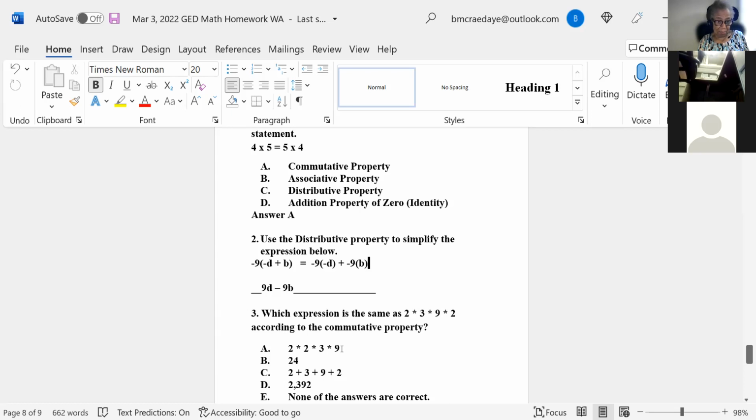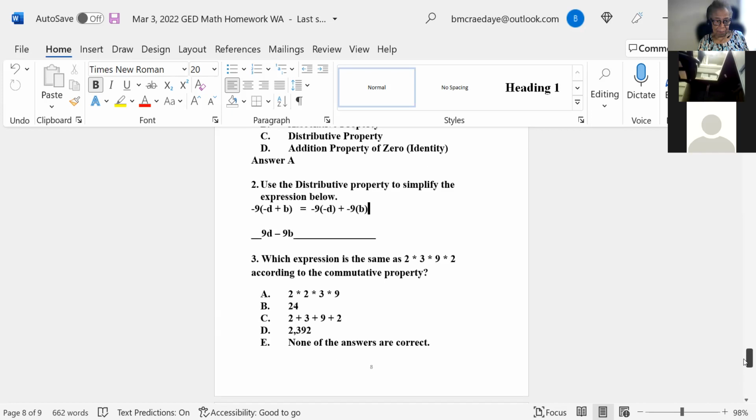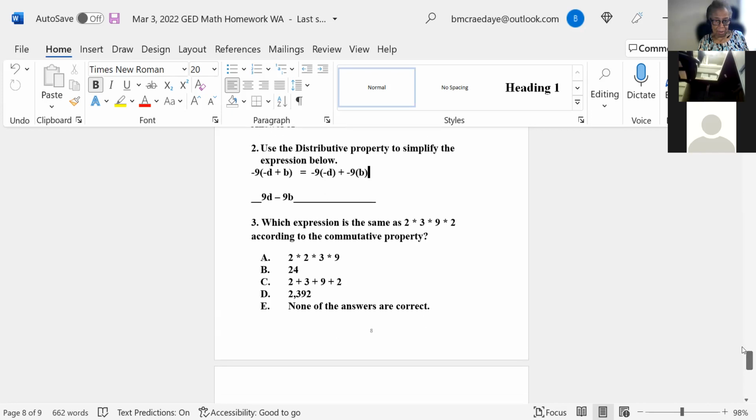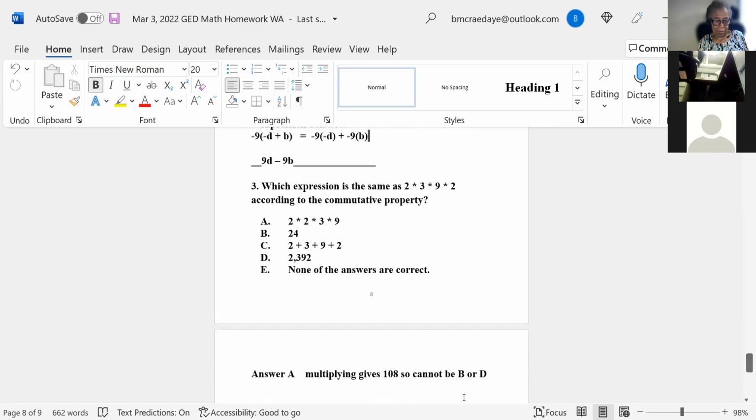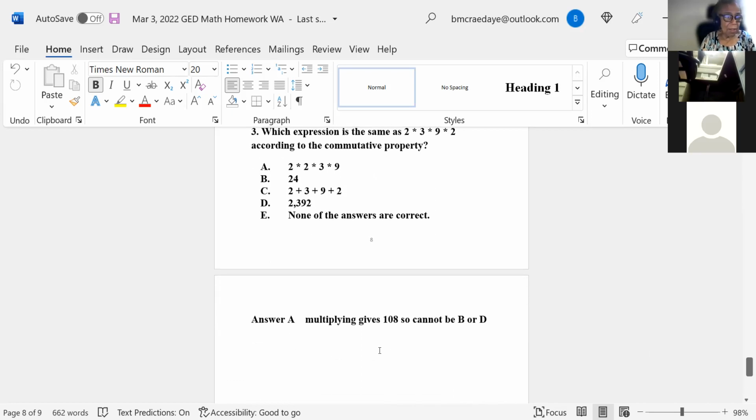That's what commutative is, commuting, moving things around. Okay, so the answer is A, because if you multiply, you get 108, so it cannot be B or D. Okay, I think that's the end of the homework.